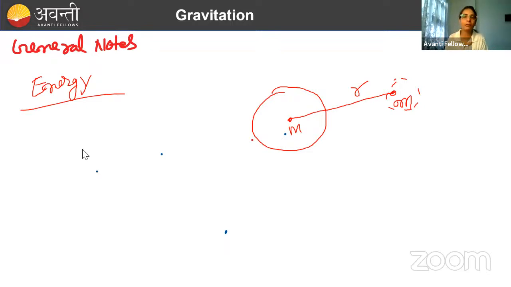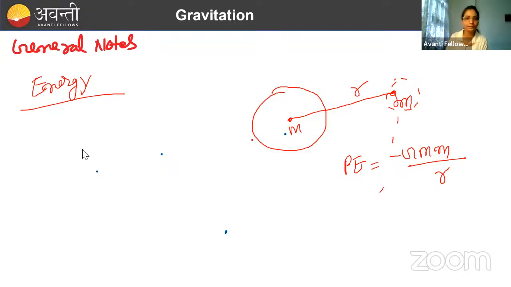If this mass is at rest, if it is stationary, then it will only have potential energy equal to minus GMm by r. Potential energy is negative because this attractive force is acting upon the small mass m because of Earth's mass, right? So only potential energy if it is at rest.